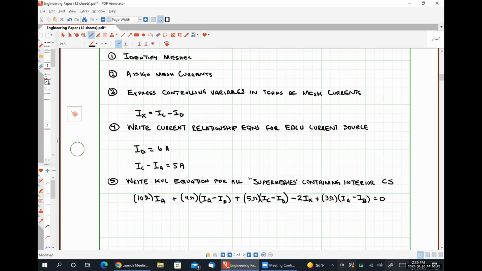All right, the next step will then be to write KVL equations for all remaining regular meshes.